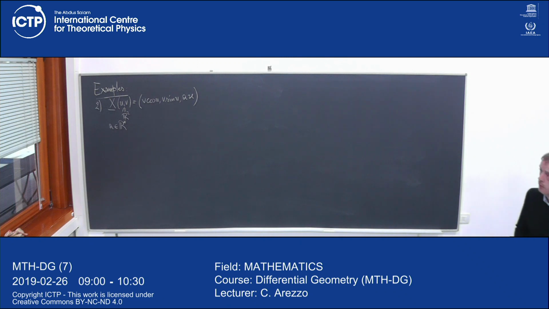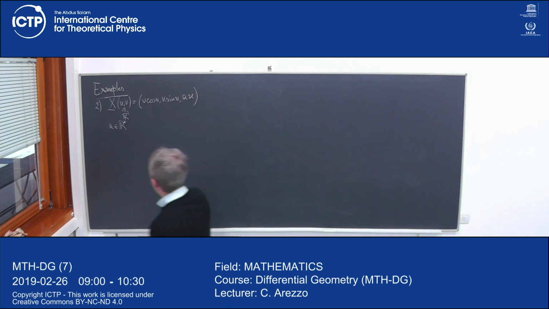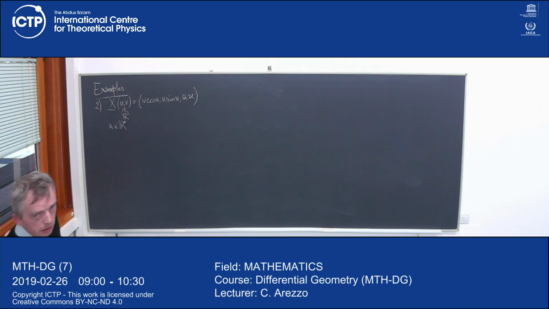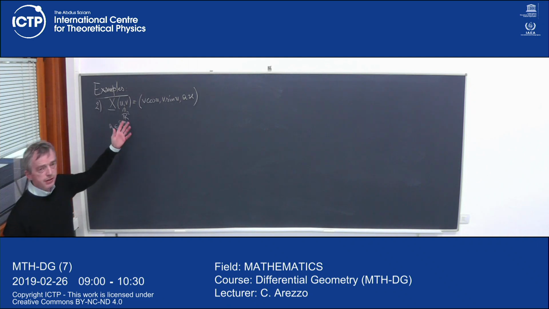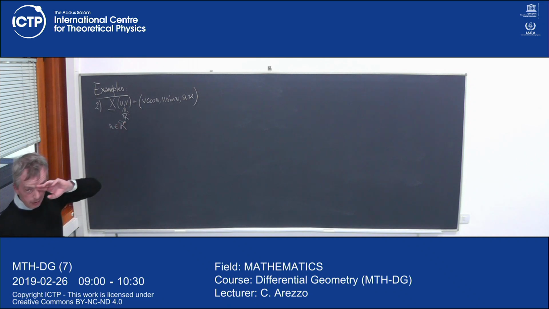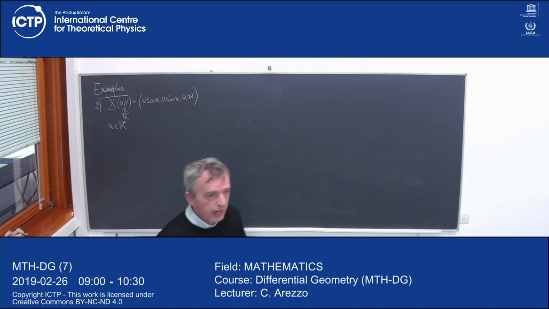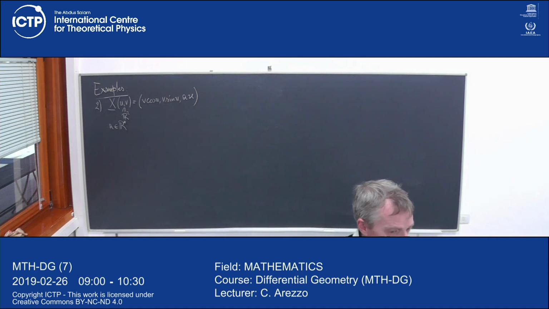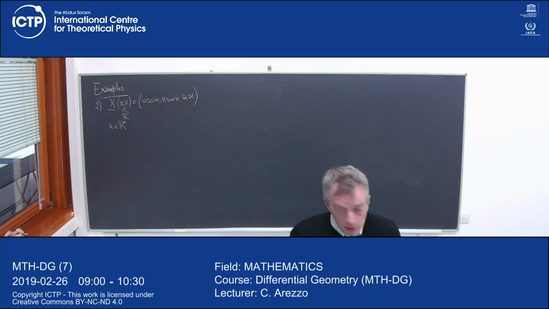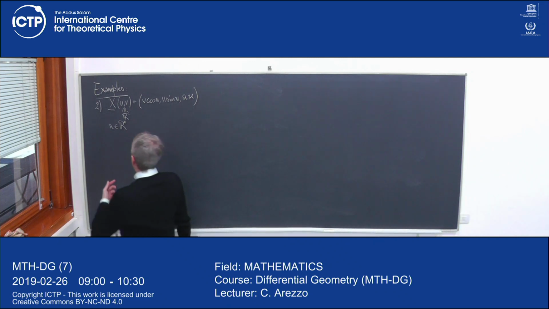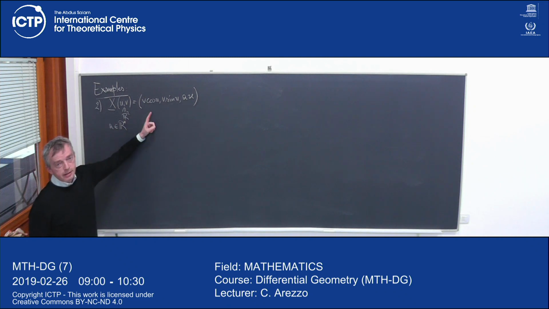So where do we want to start, from the computations or from how it looks? Well, let's do the computations. Suppose I give you this chart of a surface. Of course, the first thing would be to prove that this is actually a chart. The delicate thing is always to prove that the rank of dx is equal to 2, or that the differential of the map x is maximal.